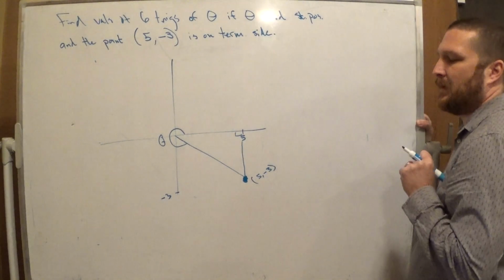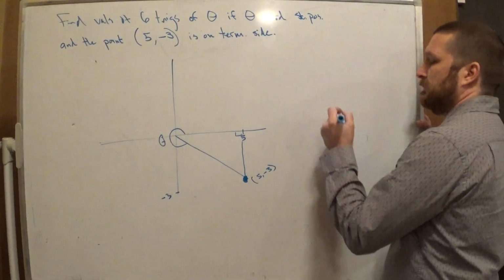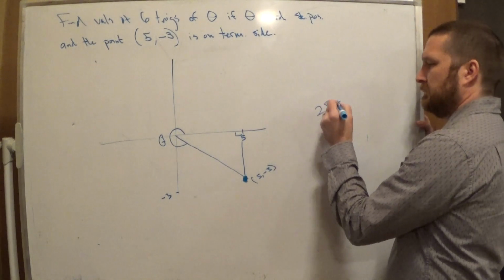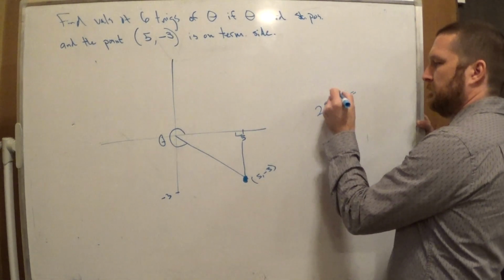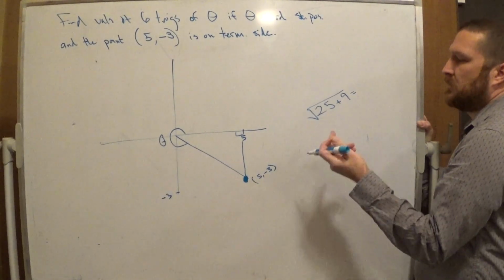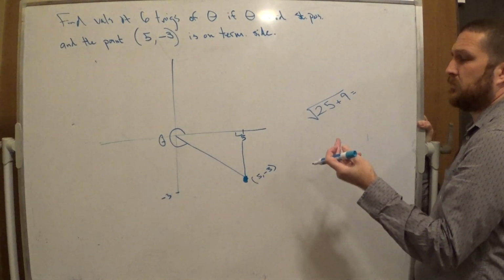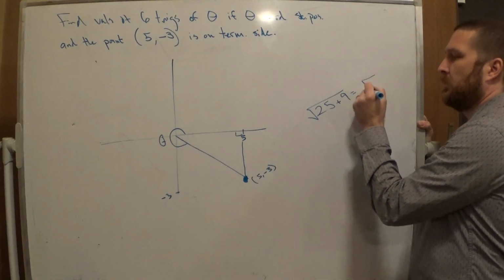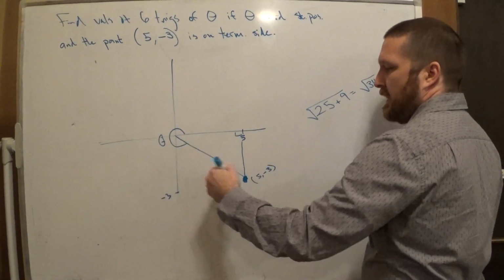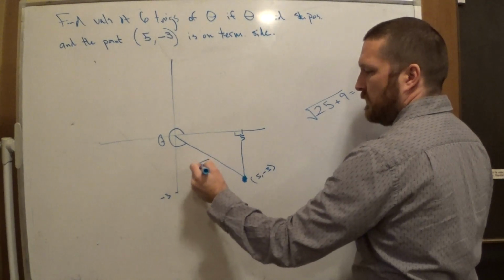I need to know the hypotenuse, which is what? -3 squared plus 5 squared equals C squared. Yeah. So, what is that? Root 34. Okay, so that guy right there is root 34.